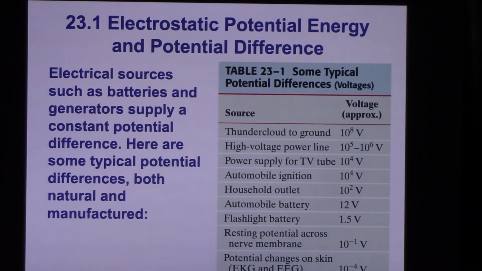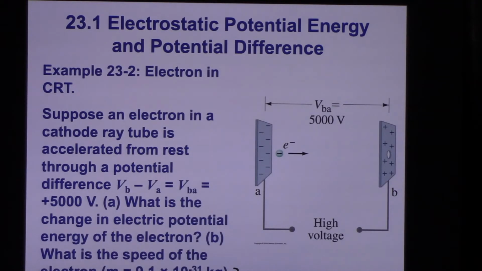Now in terms of voltages, so we've got these units of volts now, there's this table from the textbook talking about a number of volts. You know, an automobile battery, 12 volts, a flashlight battery, 1.5. A household outlet is 120 volts. Automobile ignition, 10,000 volts. So you can kind of see these different values for electric potential.